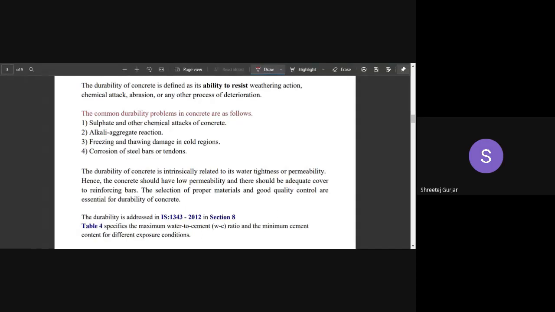So proper material selection is one important thing, and good quality control wherein your proportioning is proper at site, and placing, compaction, finishing, and curing all need to be properly controlled and properly executed on site. These are essential parts of durability. If all these things are properly done, your concrete will be more durable. Okay, so remember these points.